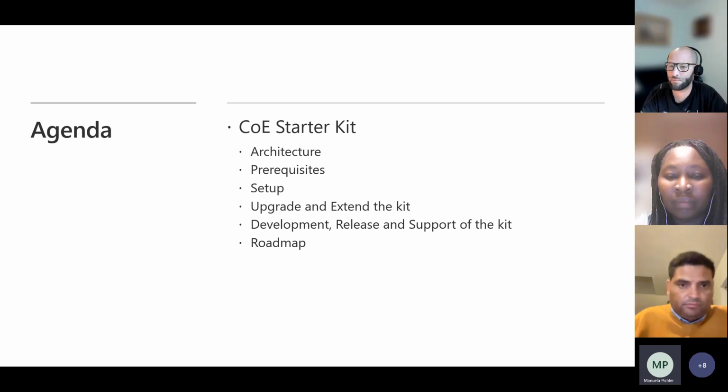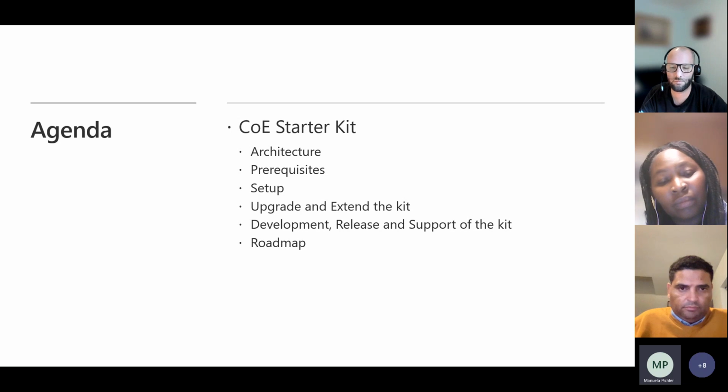We'll also talk about how to upgrade and extend the kit, and then Mike will talk about how we develop the kit internally, from the perspective of these being quite complex solutions: what lessons we've learned, and how we release and support the kit as well. So it's much less about the features of the kit and more about what's going on in the background.